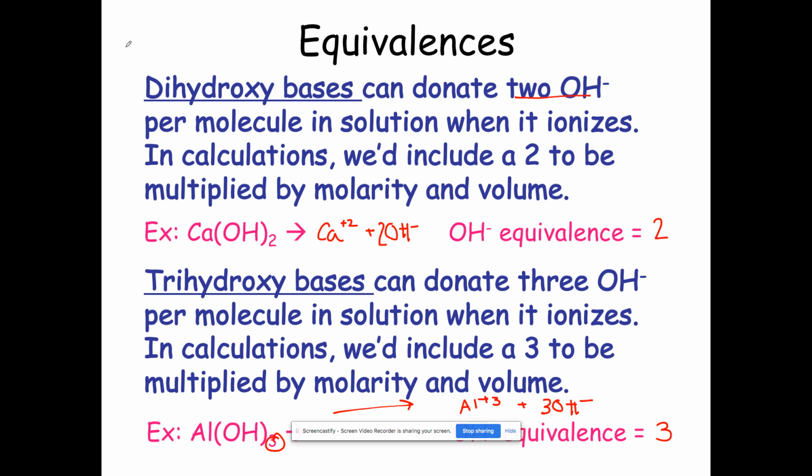And just like before, if you have something like sodium hydroxide, one of our favorite bases to use, when sodium hydroxide ionizes in solution, it's going to give off Na plus and OH minus. It's only going to give off one OH, so what do we call that? We're going to call that a monohydroxy base. And so that would not affect our math in any way.